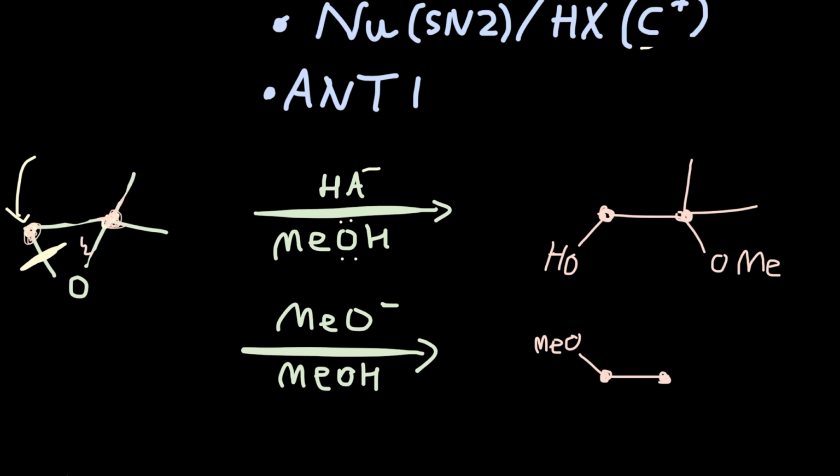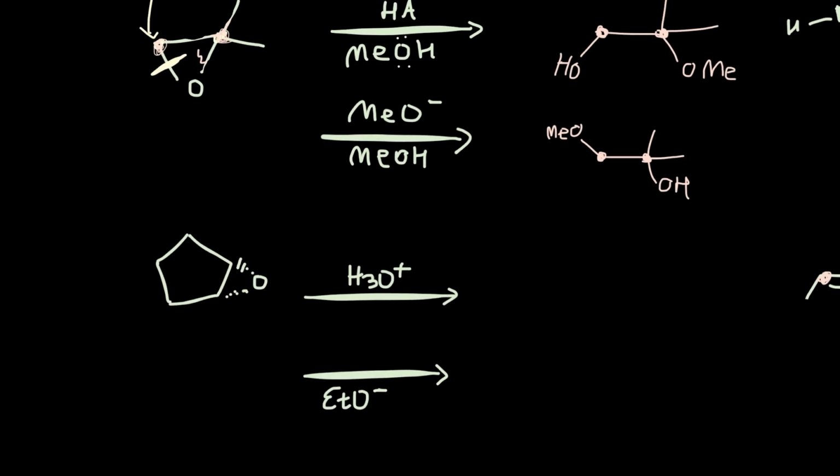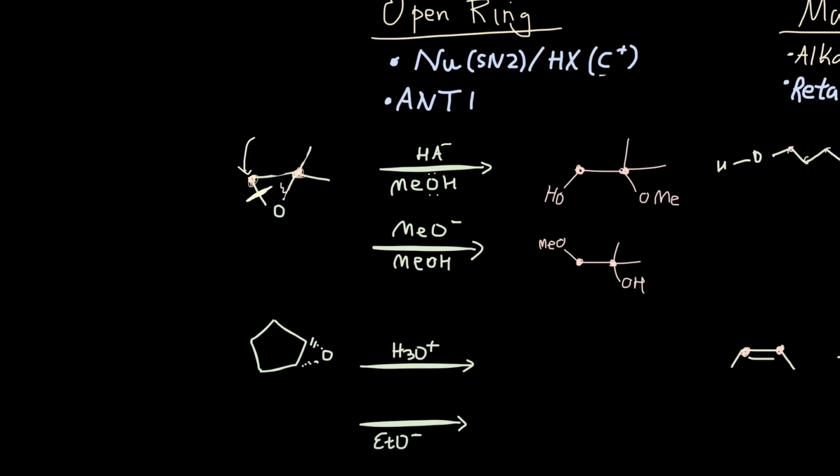And on carbon 2, we have two methyls, as well as the one bearing the O minus, which gets protonated. So that will be our product with a base. Now, it could be a base, it could be a nucleophile, same thing. And if this were water, you would get OH instead of MeO. So that's how you would open a ring.